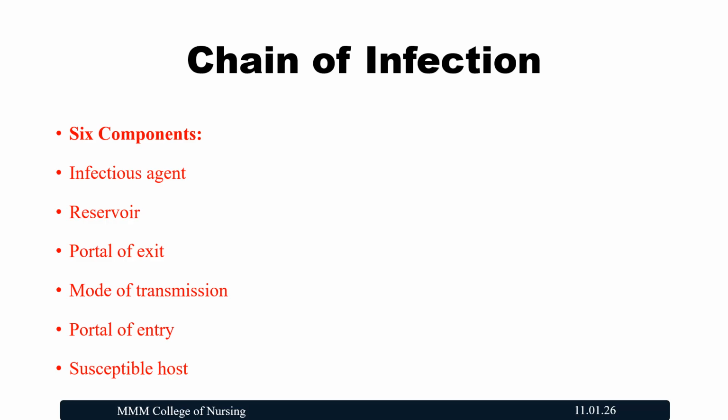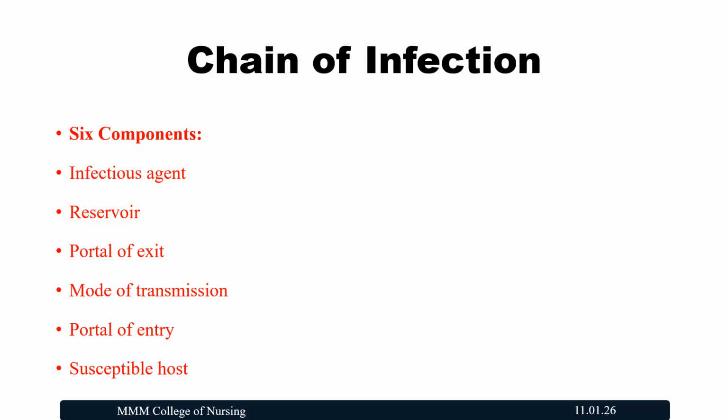or feces, etc. The fourth component is mode of transmission, how the pathogen moves to a new host, which can be direct or indirect, etc. Fifth component is portal of entry, the manner in which the pathogen enters a new host.